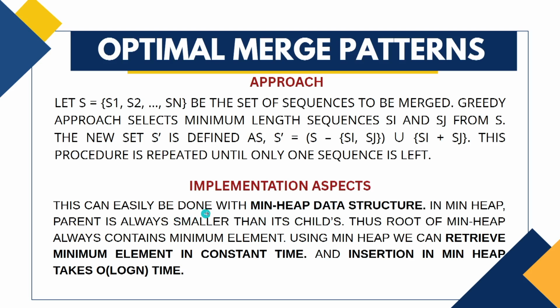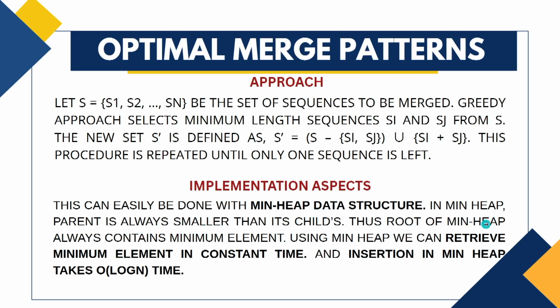When we look at the implementation aspects, we can make use of the heap data structure. The kind of heap is a minimal heap or min heap. In a min heap we can always find the minimal element in the root, and the parent node will always be smaller than its children. The value held in the parent will be smaller than the children.